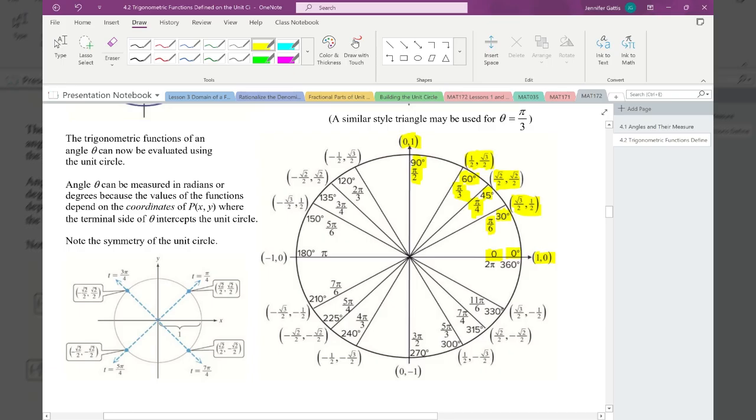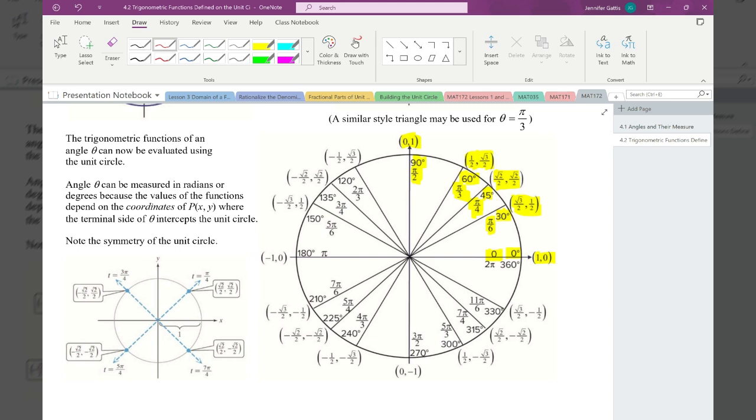And this is where the special right triangles come in. So let's pause right here with our right triangles.